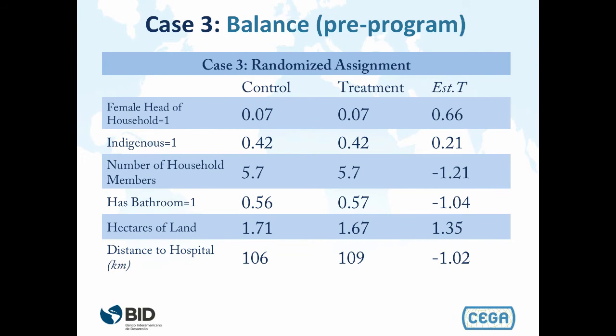I want to point out that we have no statistical difference in a bunch of other characteristics. Female head of household, indigenous, number of household members, whether or not the house has a bathroom, hectares of land owned by the house, and distance to the hospital. In all of these characteristics, there's no statistical difference between the mean of the control group and the mean of the treatment group. The right-hand column shows you the t-statistics, and all of those are well below critical cutoff values.